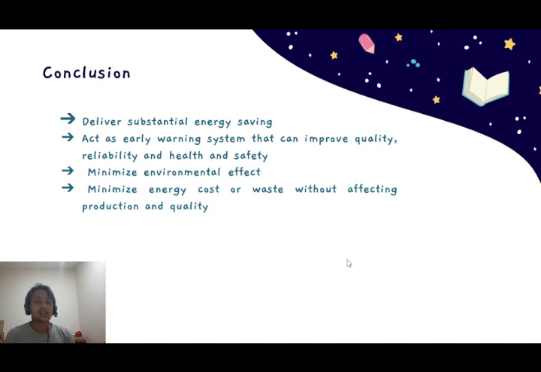Furthermore, energy monitoring and targeting will also be able to minimize environmental effect and minimize energy costs of waste without affecting production quality. This is for our group presentation.